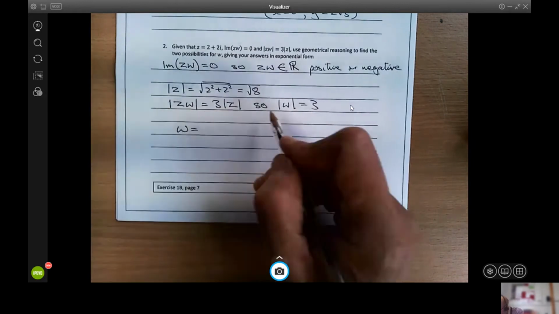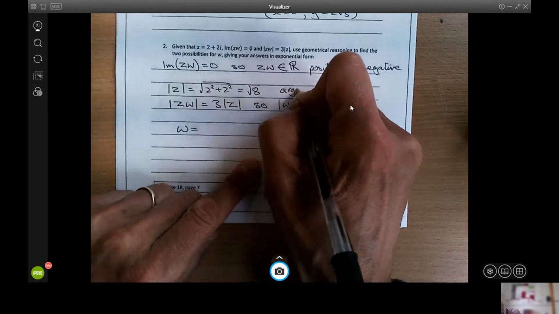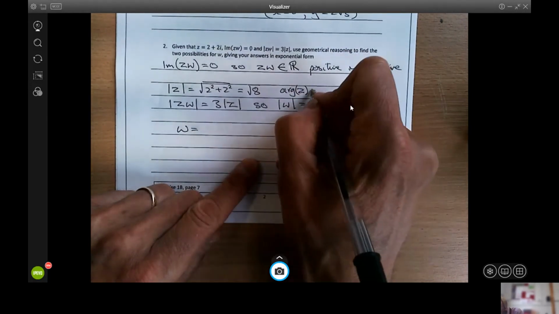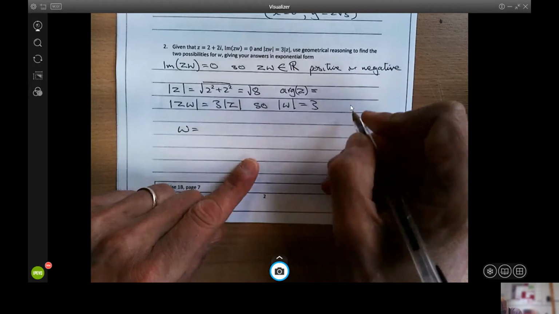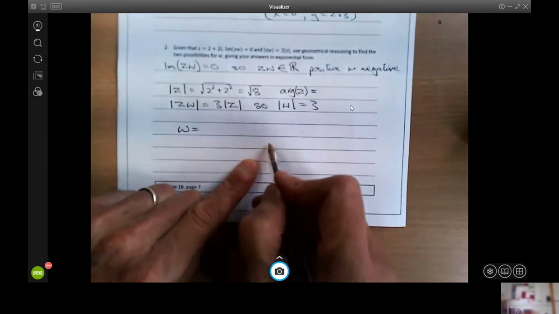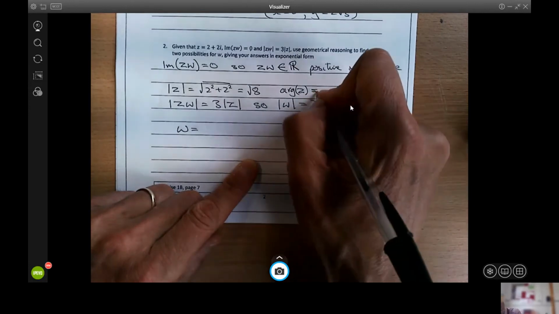Let's find the argument of z. So arg of z is equal to pi over 4. This is because it's got the same real and imaginary components.